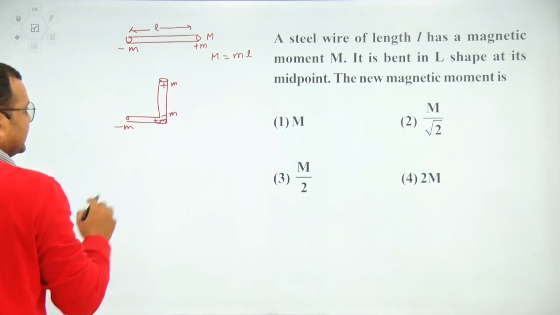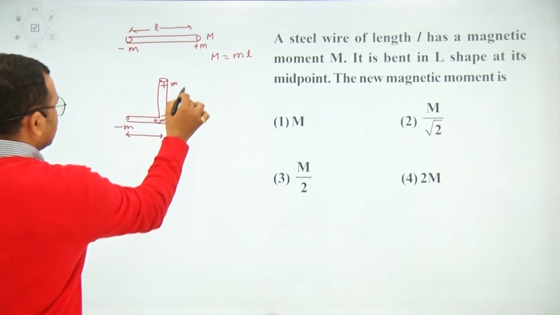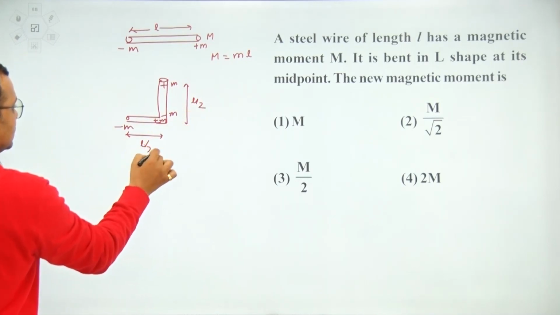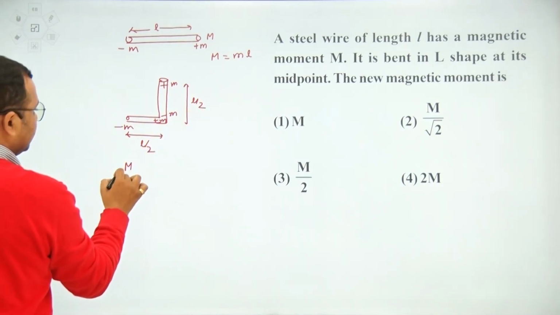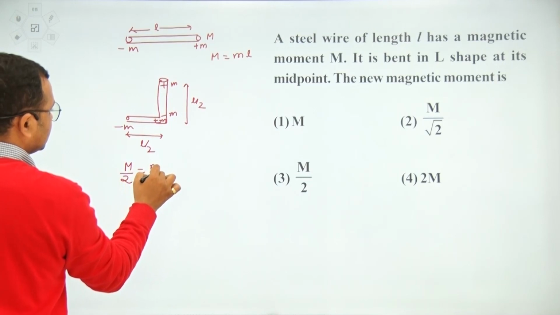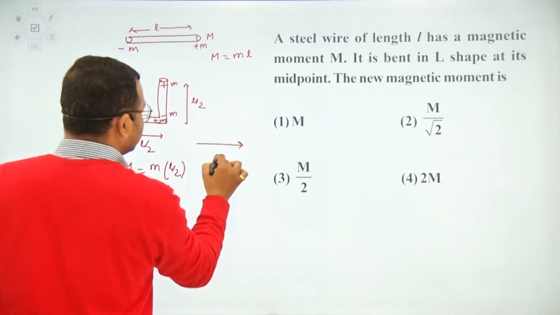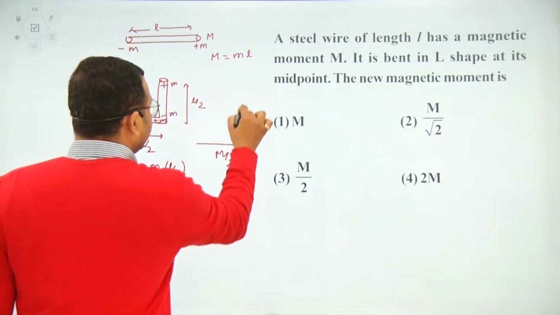So we have two magnets of length L by 2. The magnetic moment of each will be M by 2, as M by 2 is equal to m times L by 2.